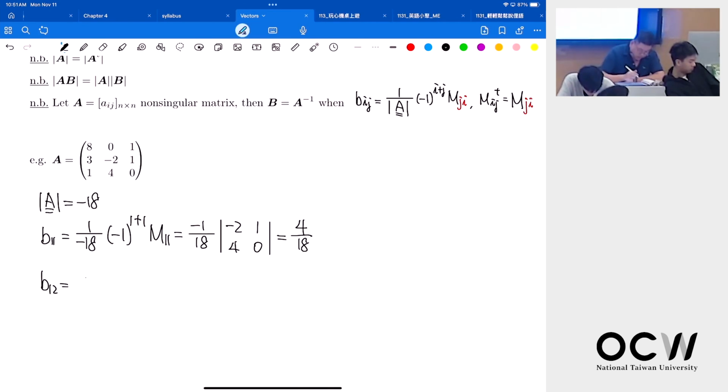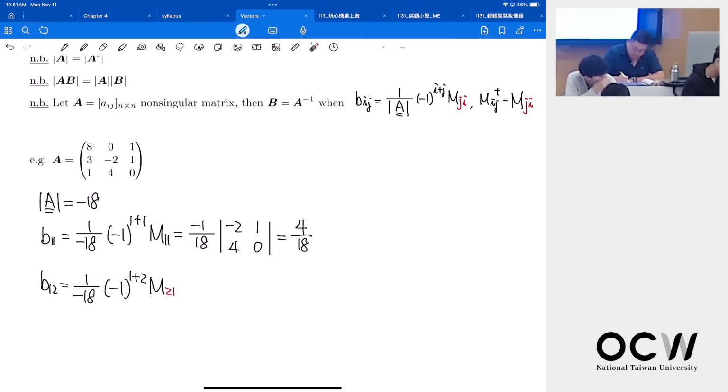B12. 1 over the determinant of A, minus 1 to the power 1 plus 2. So now you see here is minus 1. And the minor here is 2, 1. What does 2, 1 mean? I want to find this value, B12, but I need to use the minor determinant 2, 1.